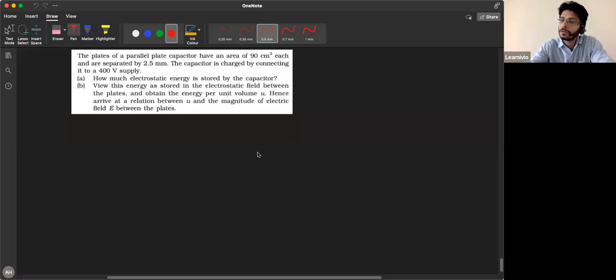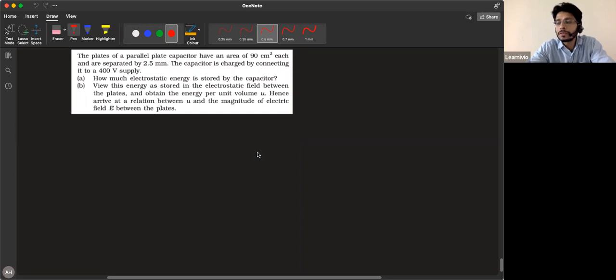Okay, Alia. No, Anshika, this half CV square and half epsilon naught E square are not equal.